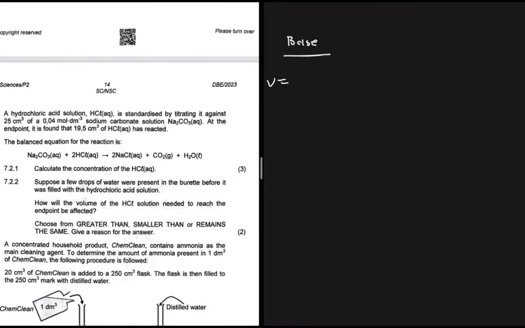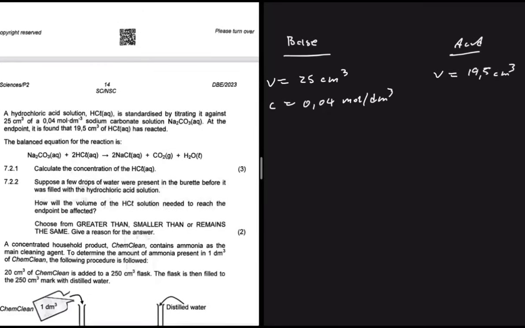So our volume is 25 centimeter cube, and our concentration is 0.04 moles per decimeter cube. At the end point, it is found that 19.5 centimeter cube of HCl has reacted. So for the acid, we have a volume equal to 19.5 centimeter cube.